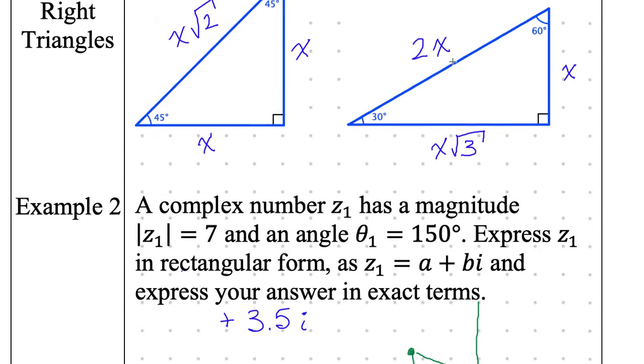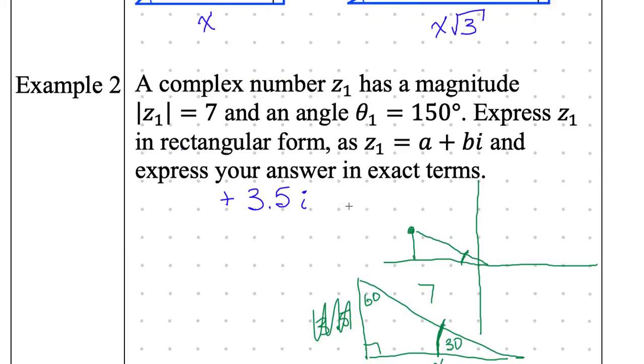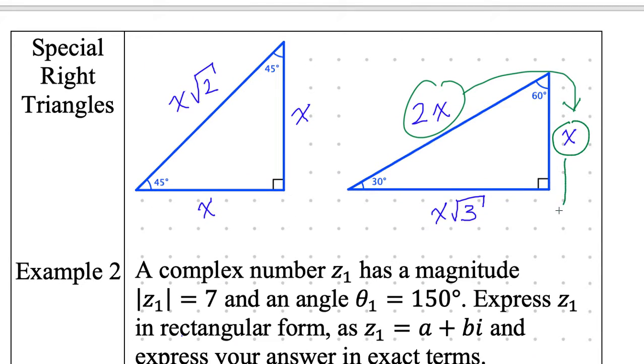If I have the hypotenuse, to get from here to here, I did what? Divide by 2. What's 7 divided by 2? 3.5. We had 3.5. Now to get from x over to x squared of 3, what is the operation? You multiply by square root of 3.